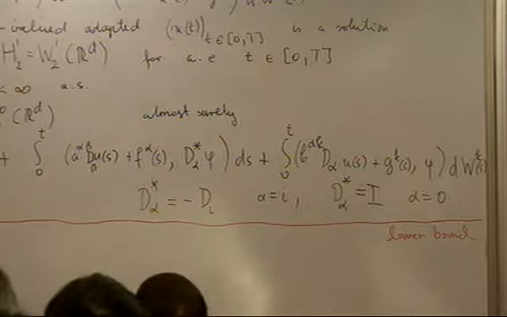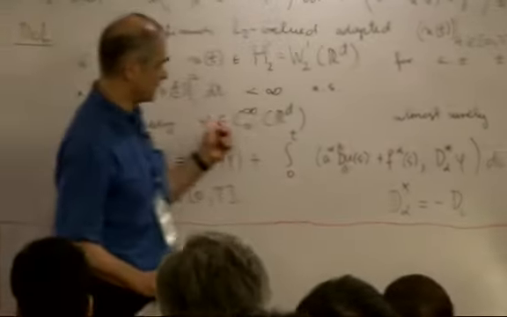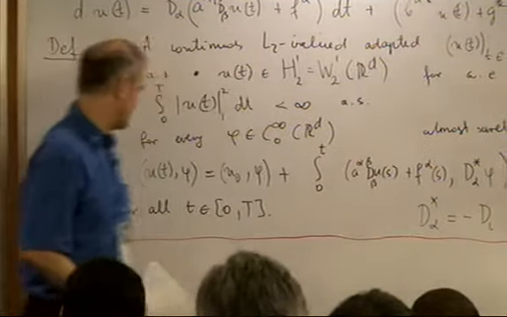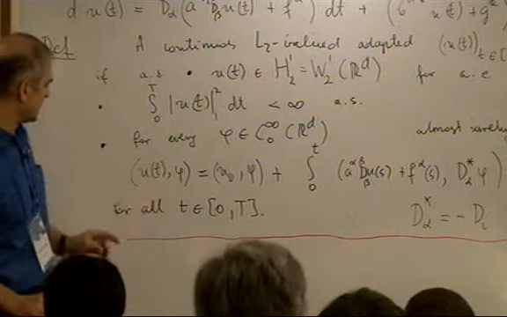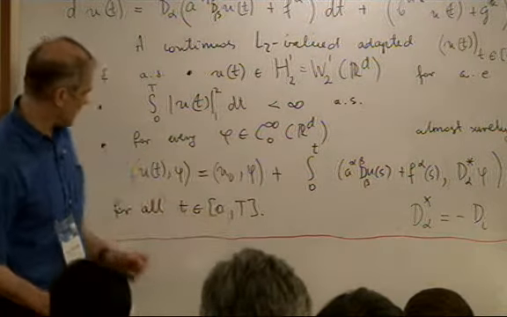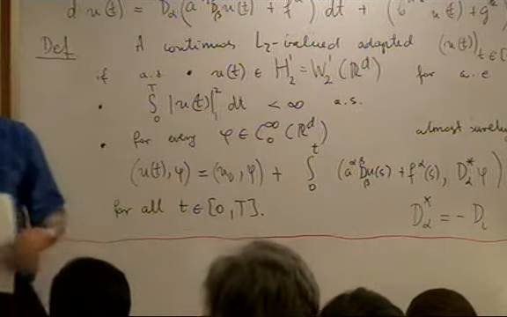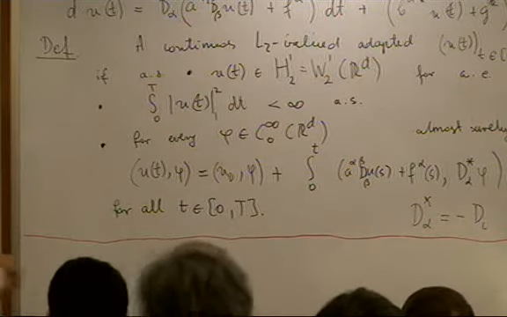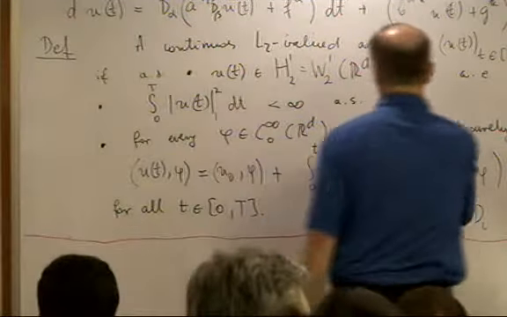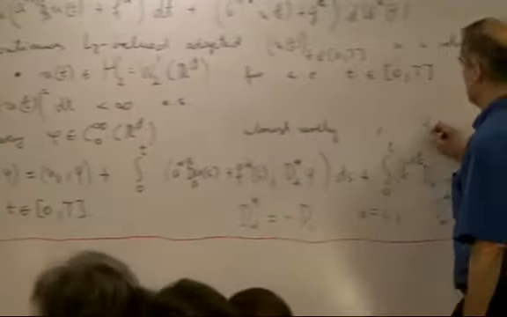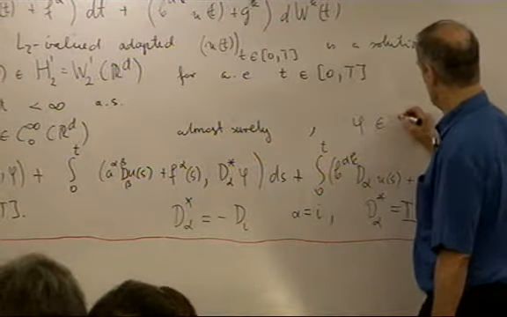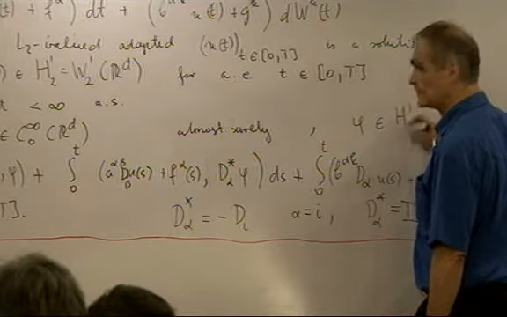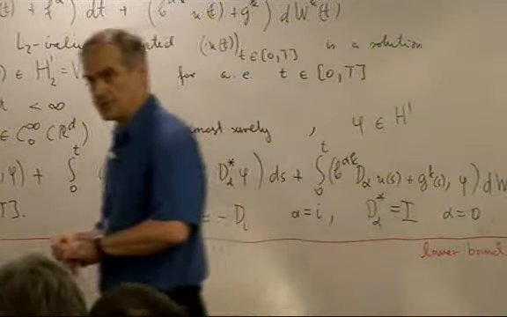Here one can also ask, almost surely, that this is satisfied for all t and all phi. Or equivalently, we can ask here, instead of all test functions, all phi from H1. That is an equivalent requirement.